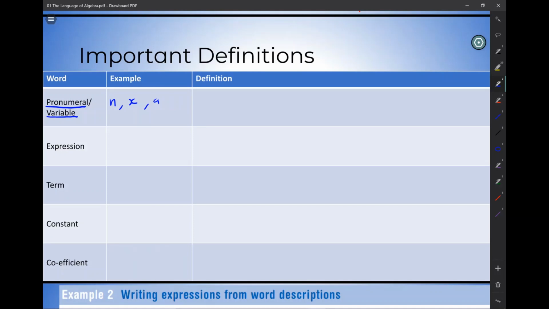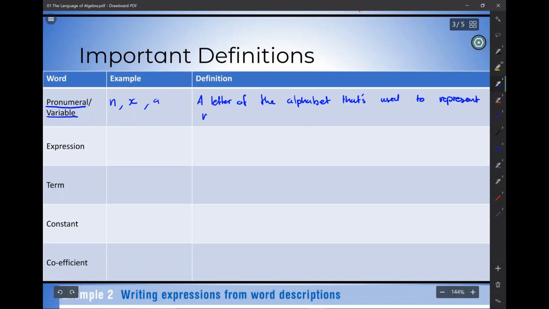And that is the definition of a pronumeral: a letter of the alphabet that's used to represent numbers. I'm going to say represent numerical value.